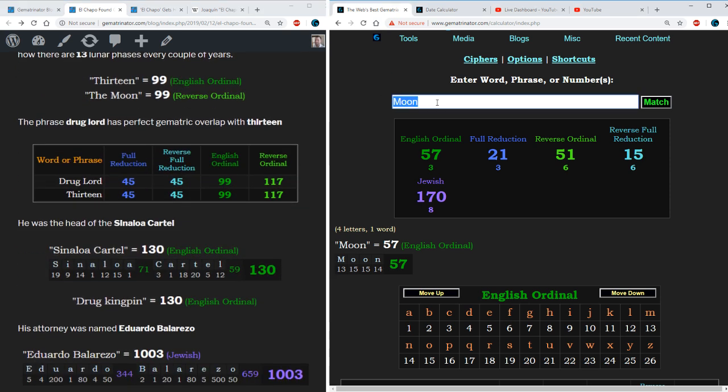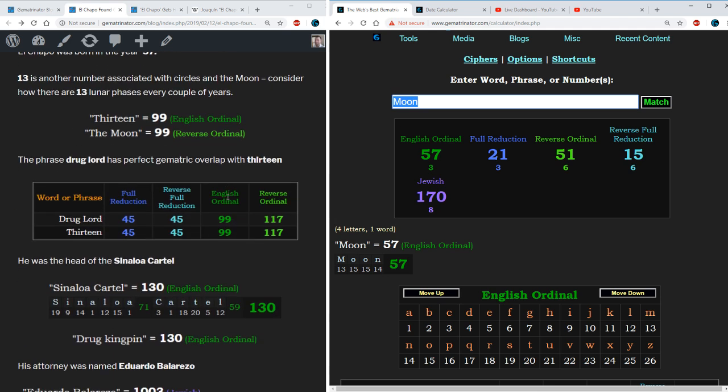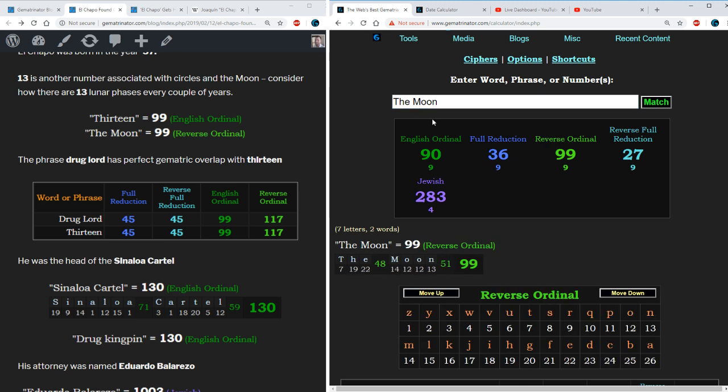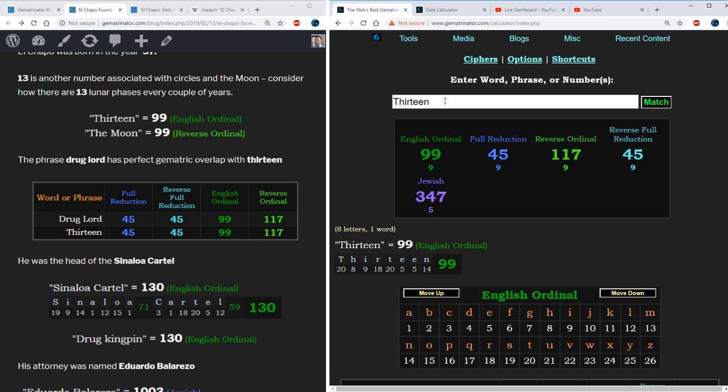And whenever we're talking about the moon, the number 13 is always relevant. Think about how the moon, which sums to 99, has 13 lunar phases every couple years. 13 equals 99. And notice the value of 13 in these 4 base ciphers. It's got the same exact gematria as drug lord.